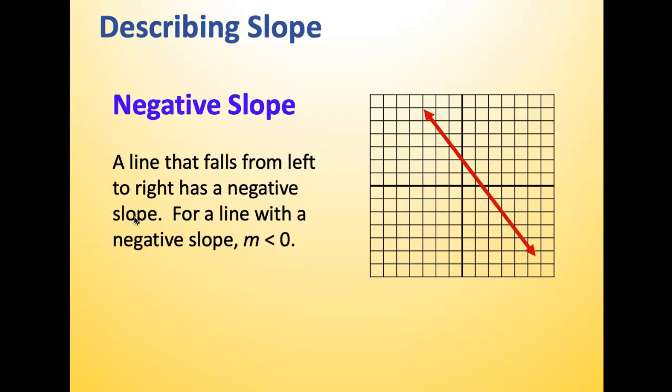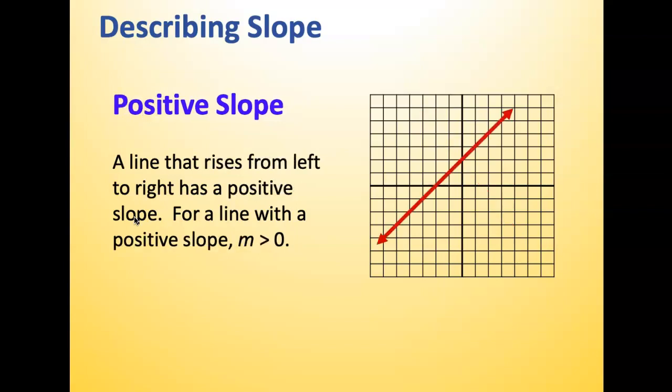For descriptions of slope, you may describe the slope in the following forms. A slope can be a positive slope. You will know when your straight line, looking from left to right, is going up. So from left to right going up, it's positive.